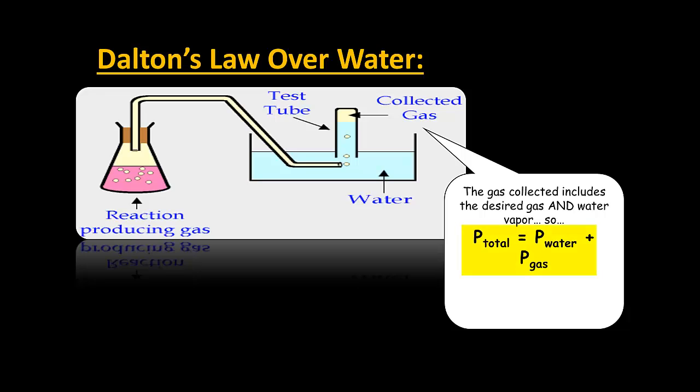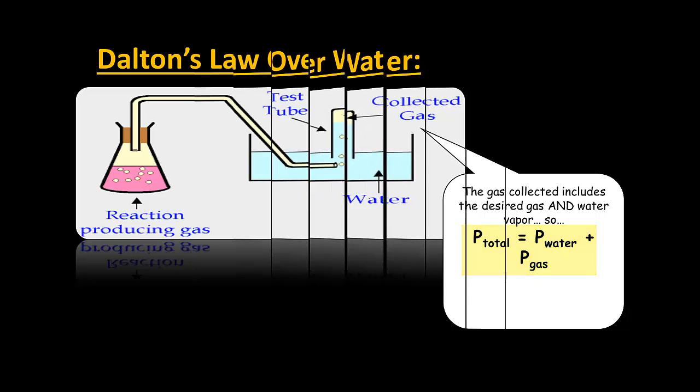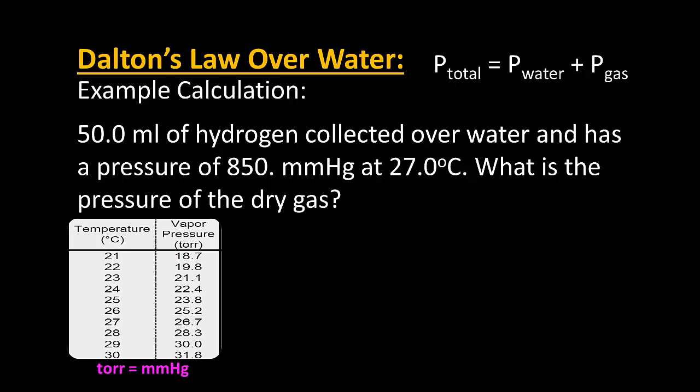Total pressure is the pressure of the gas plus the pressure of the water vapor. So for an example calculation, we have 50 milliliters of hydrogen collected over water at a pressure of 850 millimeters of mercury at 27 degrees C. What is the pressure of the dry gas?